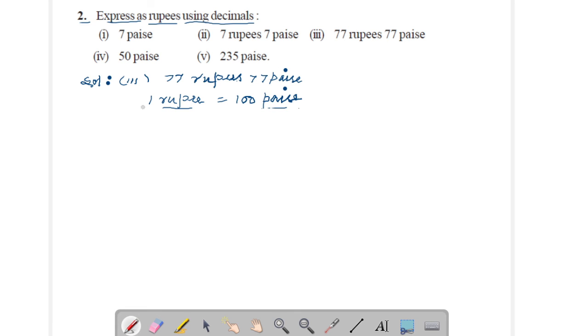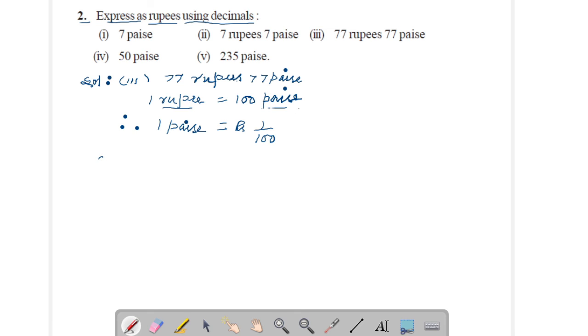We know that 1 rupee equal to 100 paise. Therefore 1 paisa equal to rupees 1 upon 100.